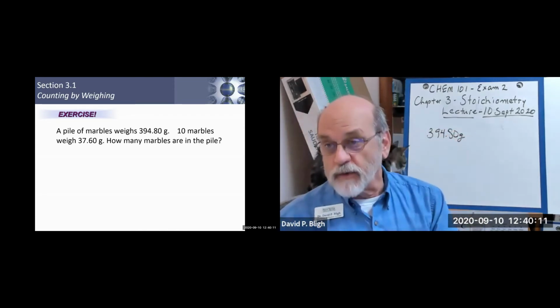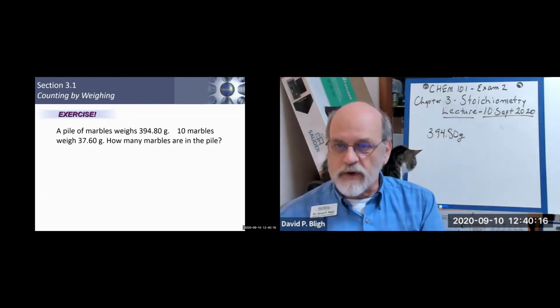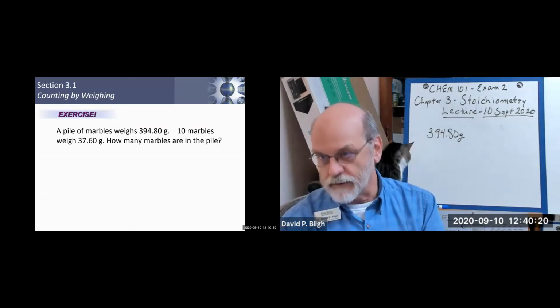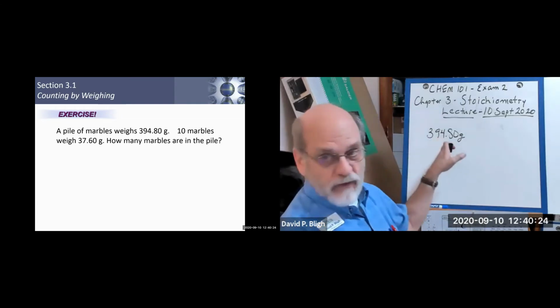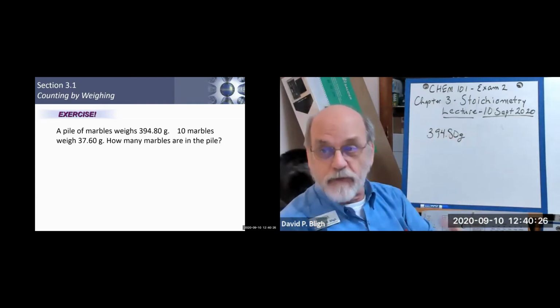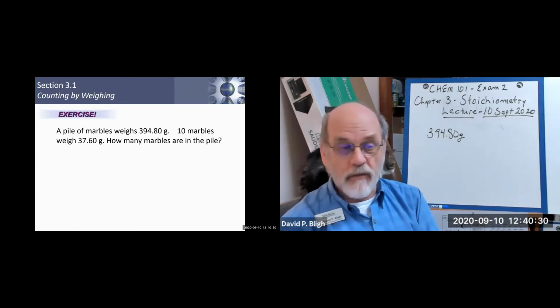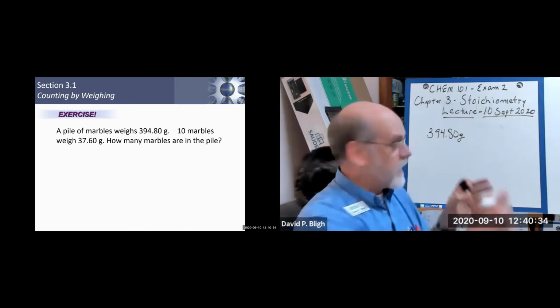And how many marbles are in that pile? Well, in this case, we can count the marbles. So let's just say the marbles represent atoms. If 10 of them weigh that much, then we can get an average mass for each of the marbles. Now, each of the marbles does not have to weigh this value that we get.